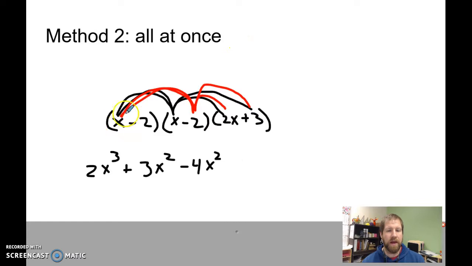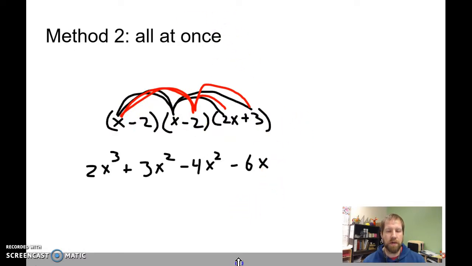That's going to be x times negative 2 times 3, so it's going to be a negative 6x. Okay? So I've done every possibility using the first term of my first polynomial. I've done both of the ones with the first term in my second polynomial and both of the ones with the second term in my second polynomial.